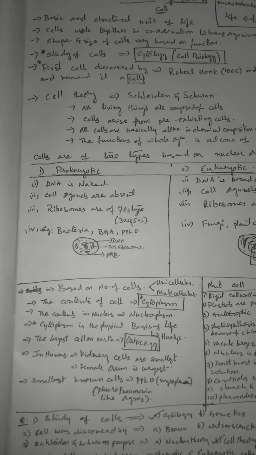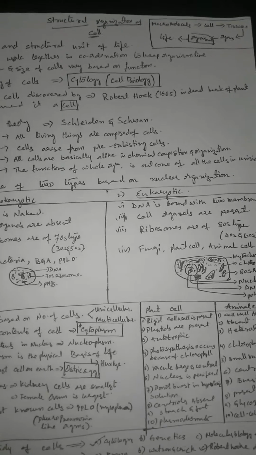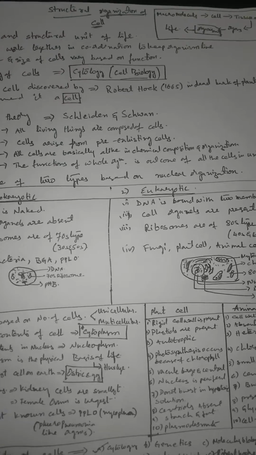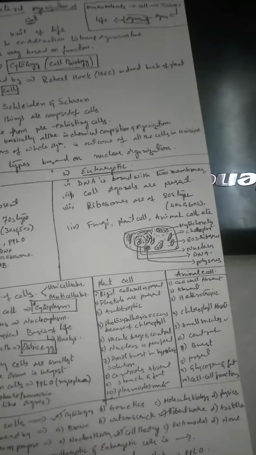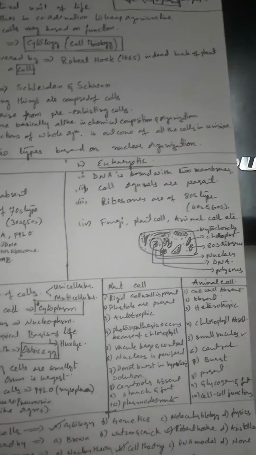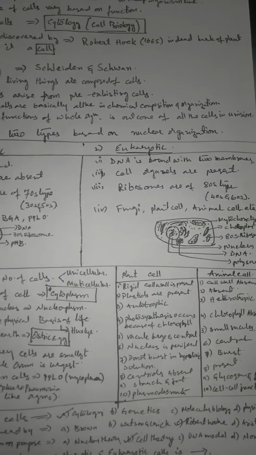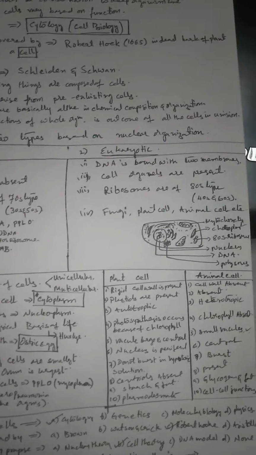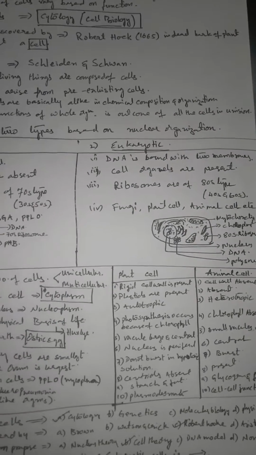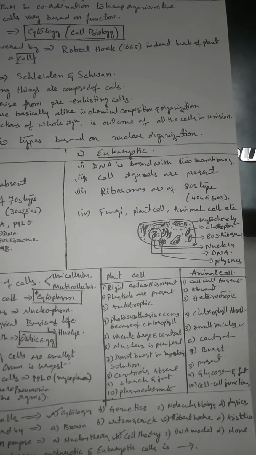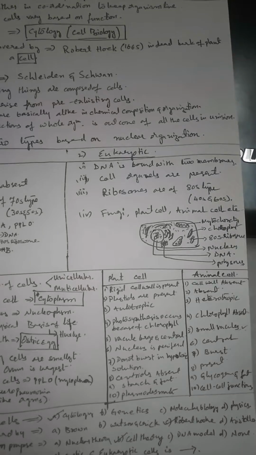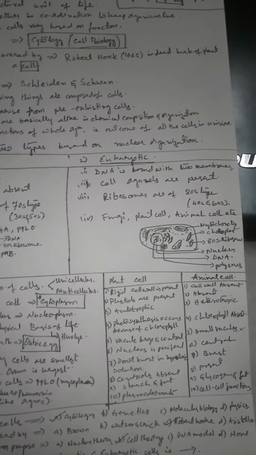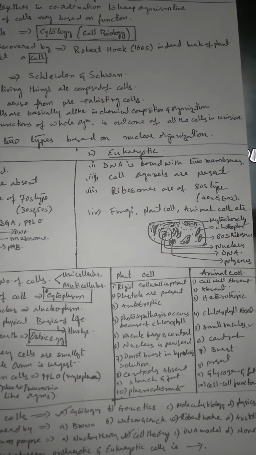Now let's come to another type of classification of cells. It is also a very important classification, that is plant cells and animal cells. What is the difference between plant cells and animal cells? The first very important basic difference is that a rigid cell wall is present in plant cells, whereas the cell wall is absent in animal cells.